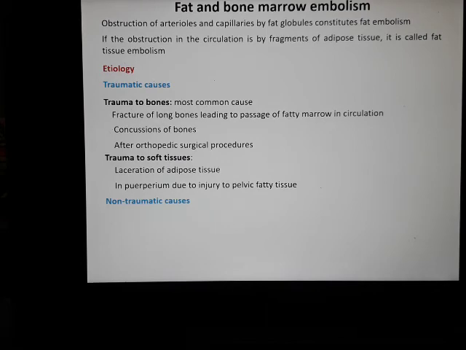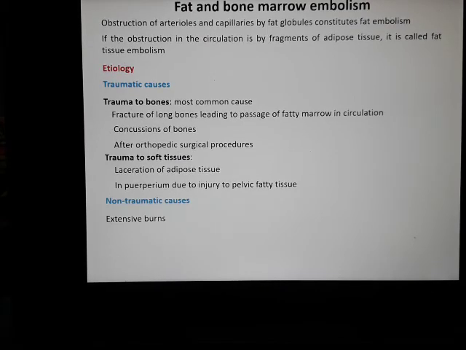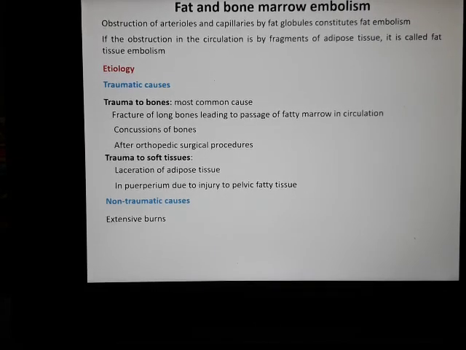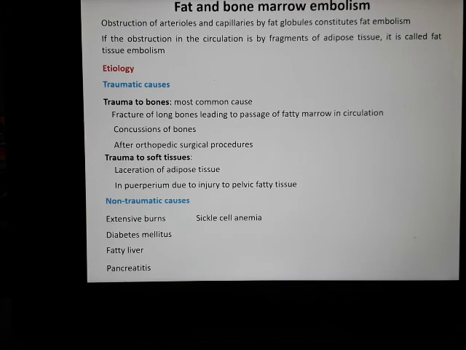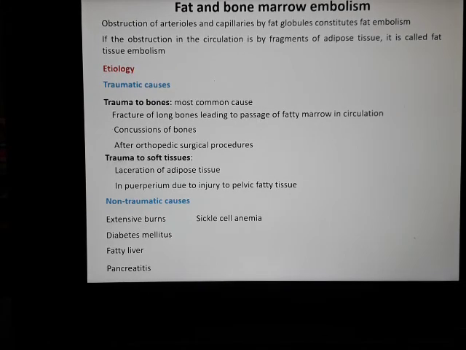Coming to non-traumatic causes, extensive burns, but why they cause fat embolism is not widely studied till now. Diabetes mellitus may cause fat embolism due to hyperlipidemia. Fatty liver also the same. Pancreatitis. Sickle cell anemia, where mainly there is bone marrow infection which may cause fat embolism.